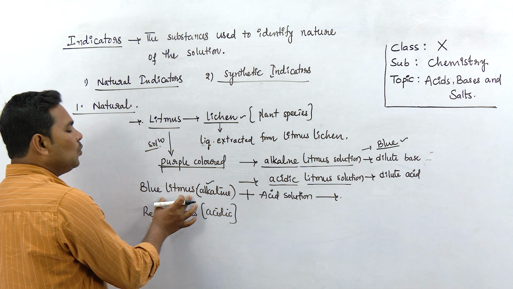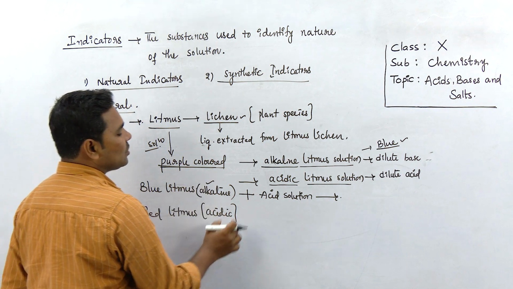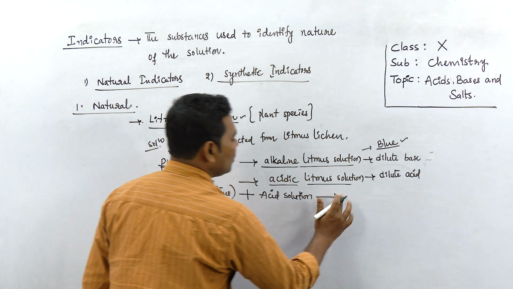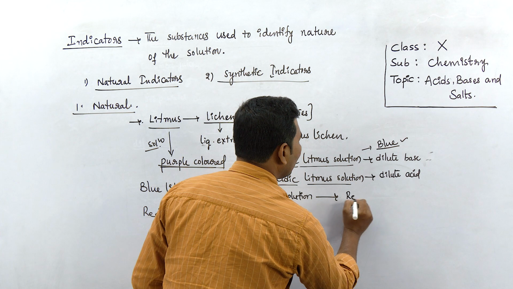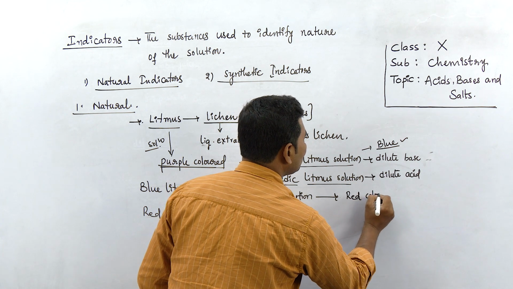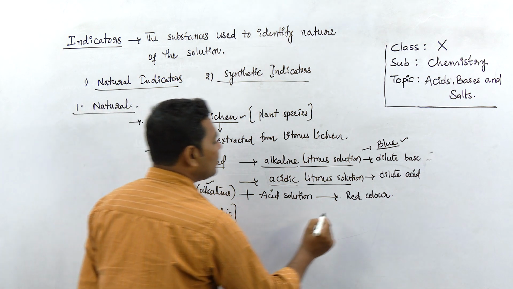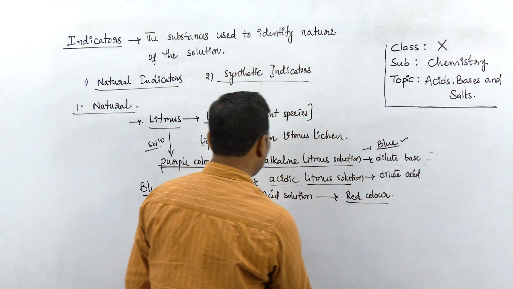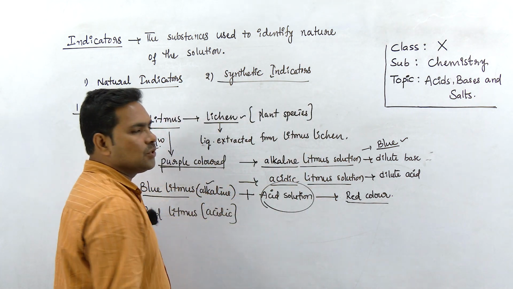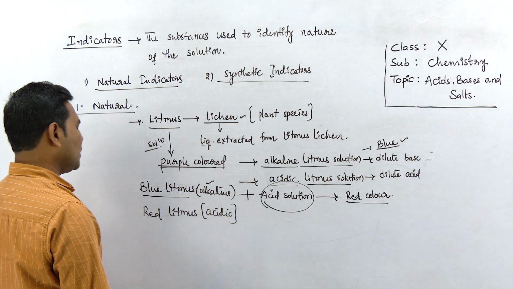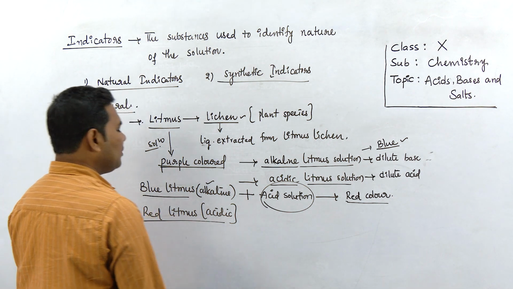This blue litmus solution, when it reacts with acid solution, turns to red color. So whenever blue litmus turns to red color, the substance used is an acid solution.